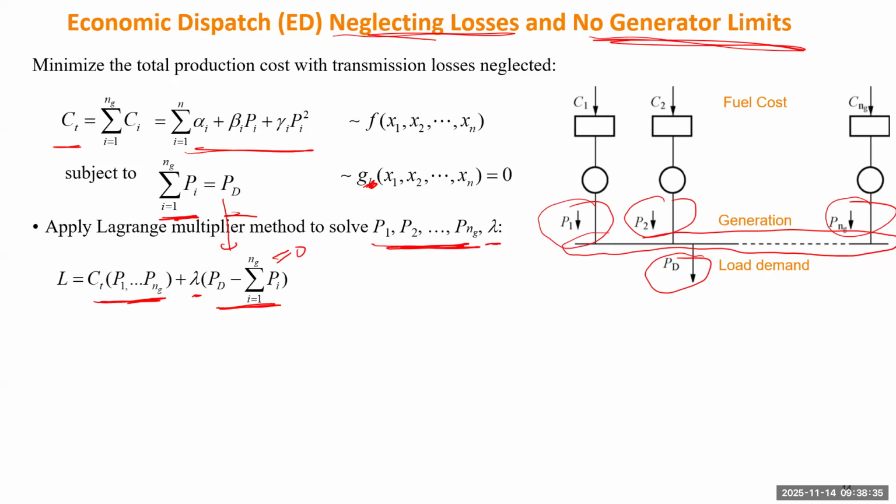Okay, so next step, we have this as the cost function with NG plus 1 variables, and we need to calculate the gradient vector of this dimension. So we have partial L, partial Pi, and partial L, partial lambda. Every one needs to be 0. Then we can find the stationary points.